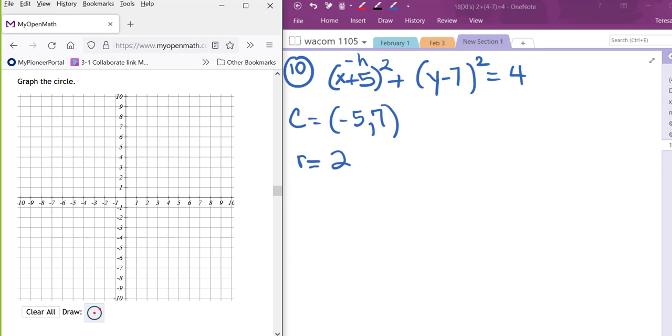So -5, 7, and that's where you're going to start. You're going to use a radius of 2. So you're going to go out 2 units in either direction. So 1, 2, and then click. And that makes your circle.